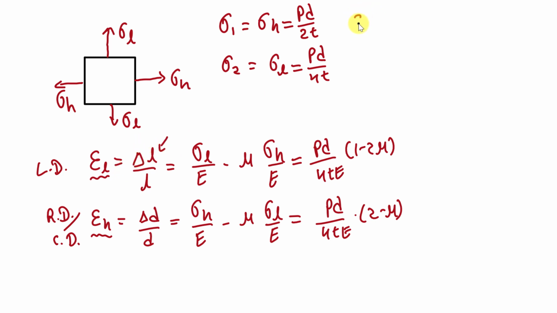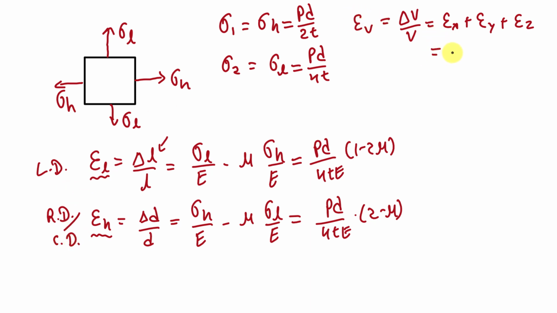So we can find epsilon V, that is the volumetric strain in the pressure vessel, equal to delta V by V. We know that volumetric strain is equal to strain in X direction plus strain in Y direction plus strain in Z direction: epsilon X plus epsilon Y plus epsilon Z. Here we have three directions: longitudinal, radial, and circumferential.